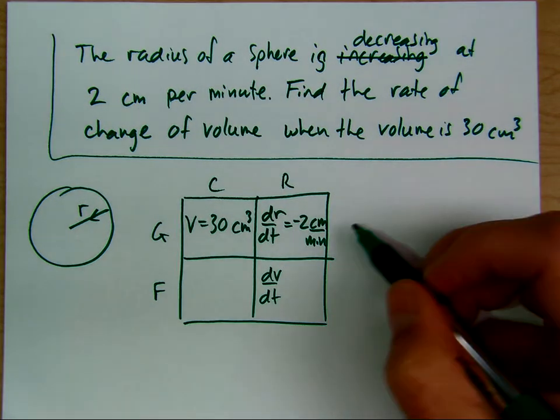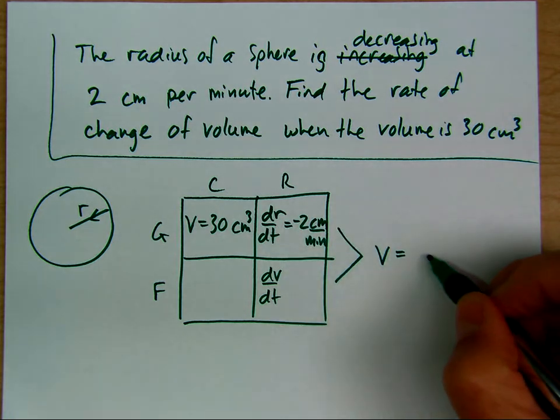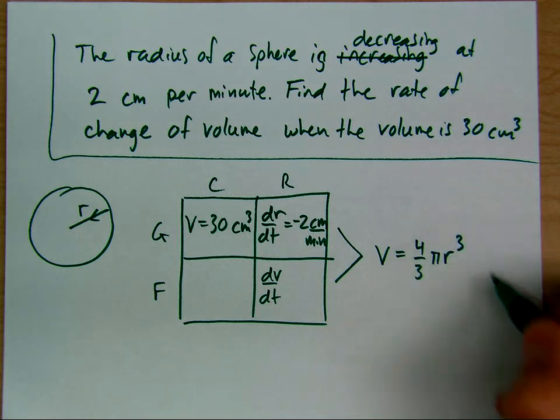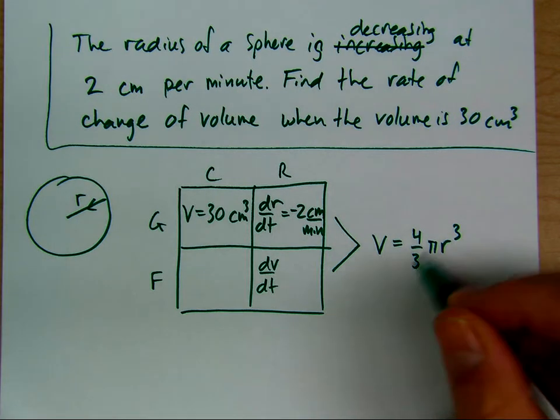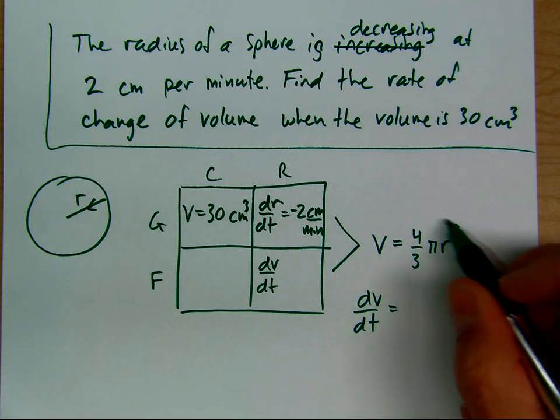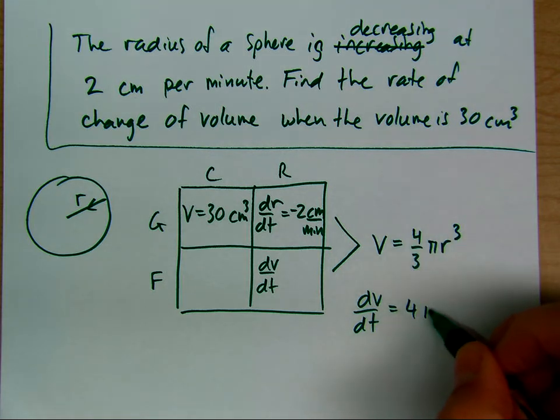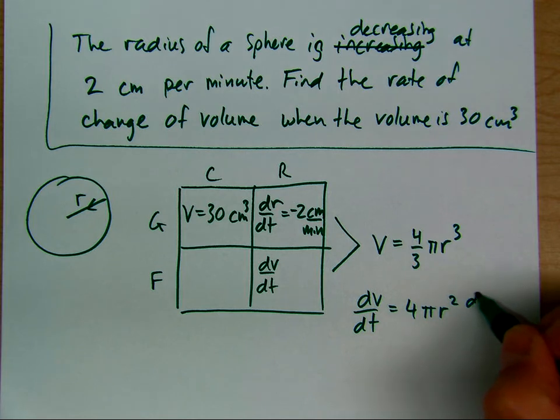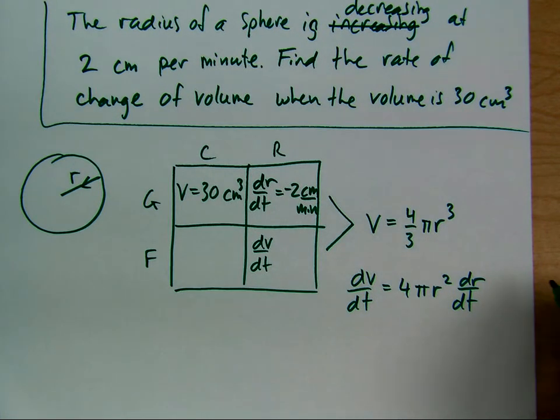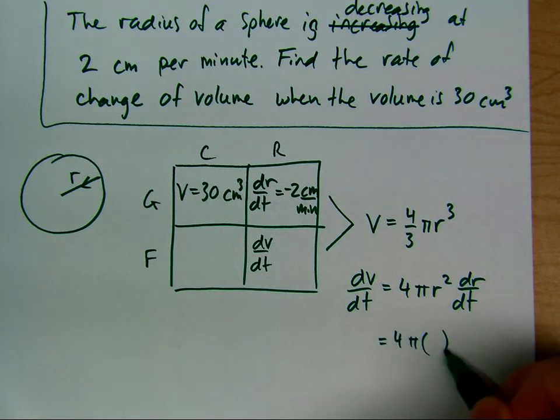And then we just have to relate the radius and the volume. Volume of a sphere is 4/3 pi r cubed. Let's relate the rates. dV/dt, find the derivative of this, multiply by 3, it'll cancel that 3, dr/dt, and substitute for r and dr/dt.